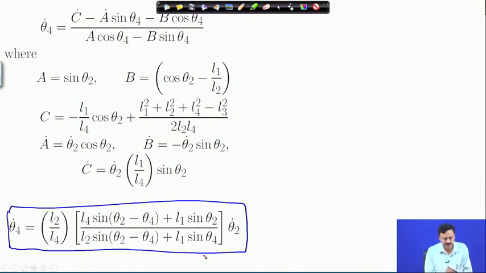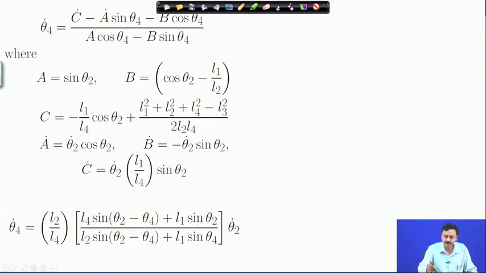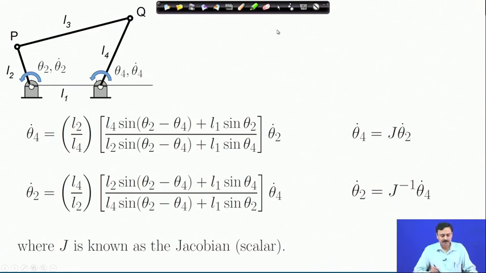And you can see once again that this is a linear relation between theta 2 dot and theta 4 dot, there is a multiplier. So, this multiplier is the Jacobian that we had been talking about. So, here I have defined this as the Jacobian.